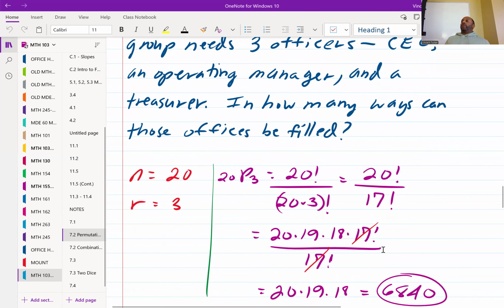So that's 20 factorial over 20 minus 3 factorial. 20 minus 3 is what we do first, and that's 17. 20 factorial over 17 factorial. Take the 20 down to 17 factorial so that it can cancel, leaving us with 20 times 19 times 18, and that's 6,840.